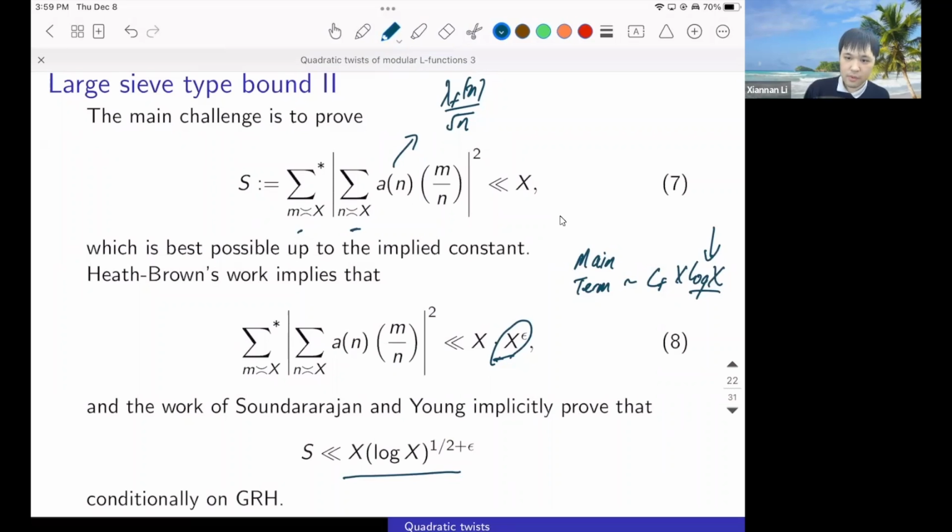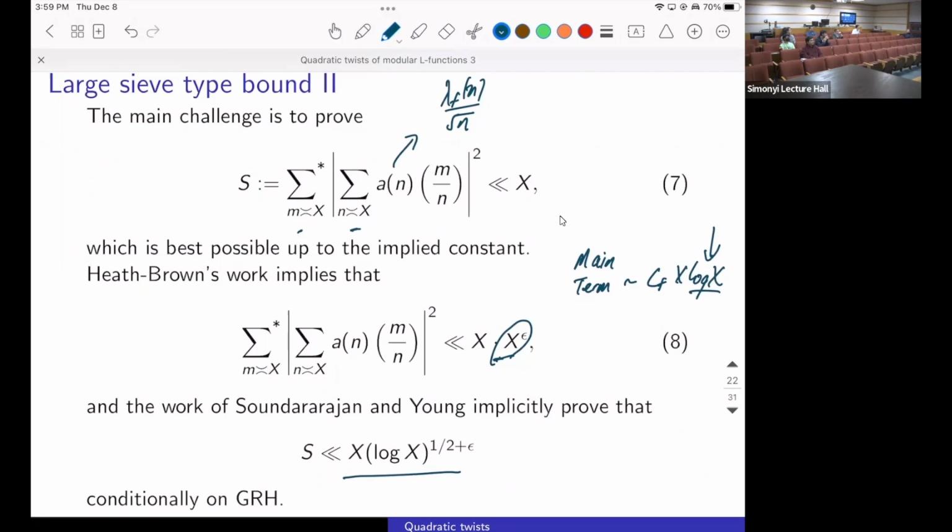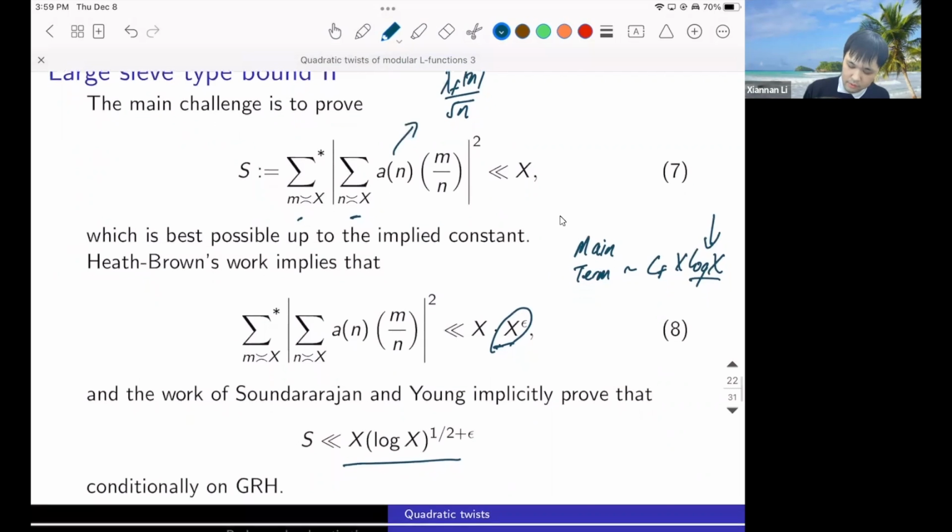Okay. So when you're assuming the generalized Riemann hypothesis, for which L functions? They needed to assume GRH for the L functions that are being studied. And that's it.